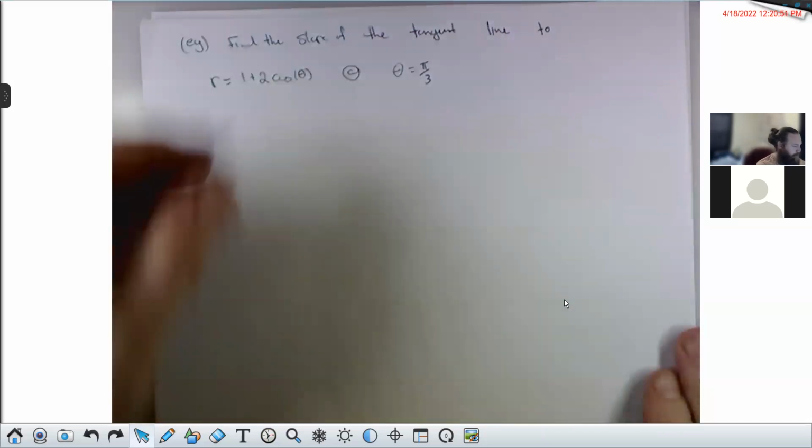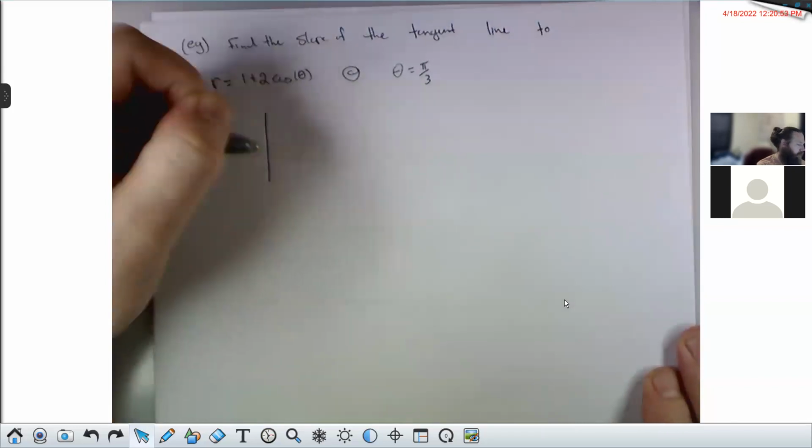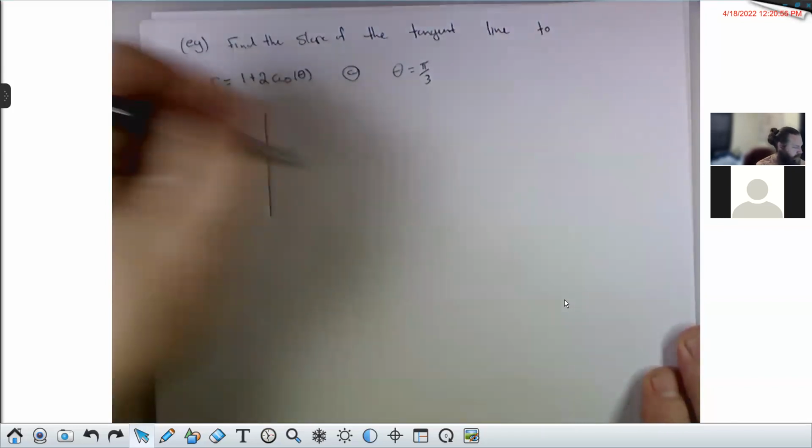This is a curve we graphed a little bit ago.